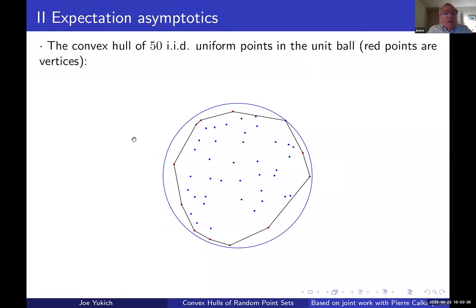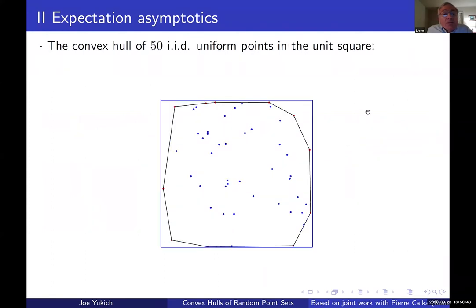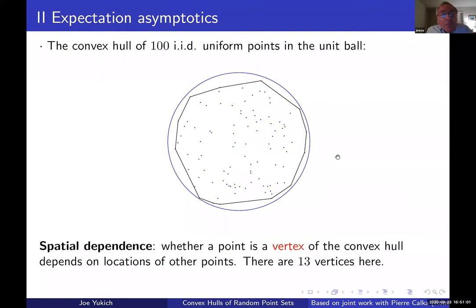Here is a simulation. We have 50 points put down uniformly at random in the unit ball. The red points are vertices. Here's 50 points put down uniformly at random in the unit square. There are a few long edges. Maybe not very helpful to see only 50 points. Let's increase to 100 points.